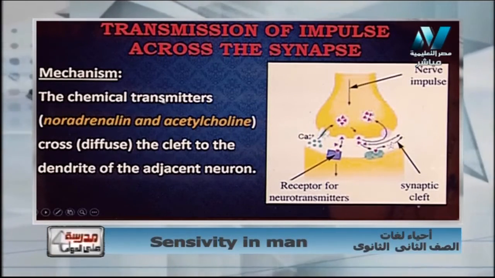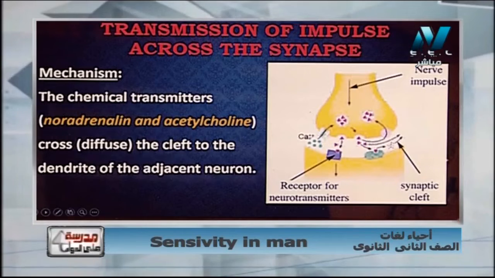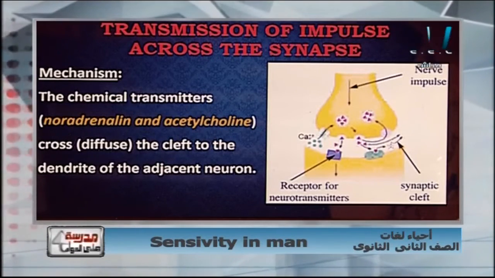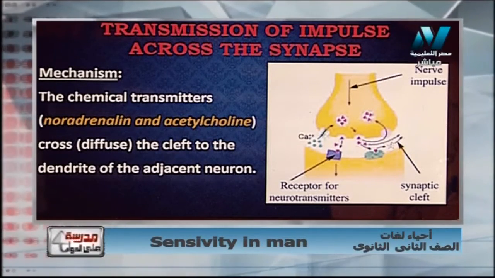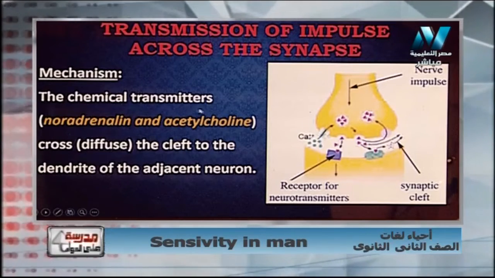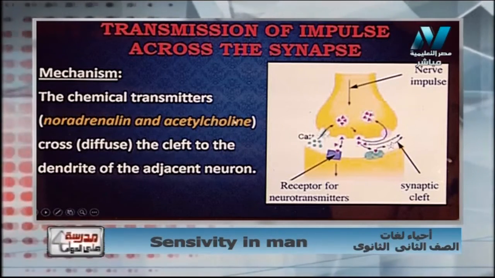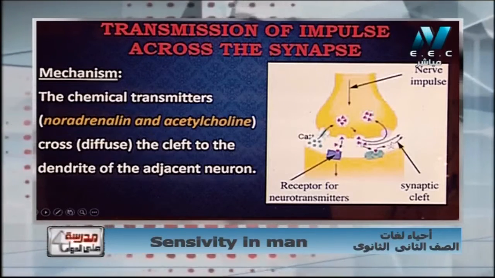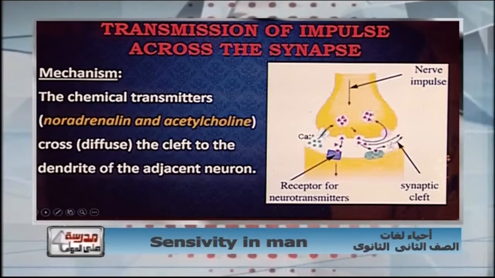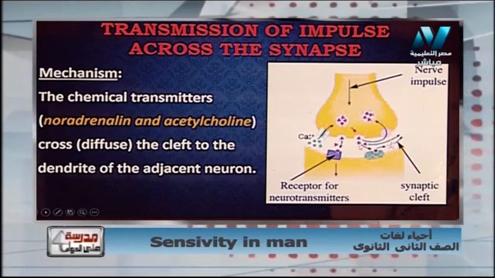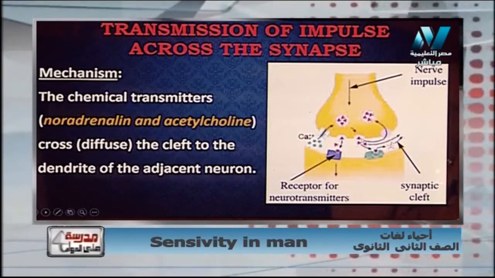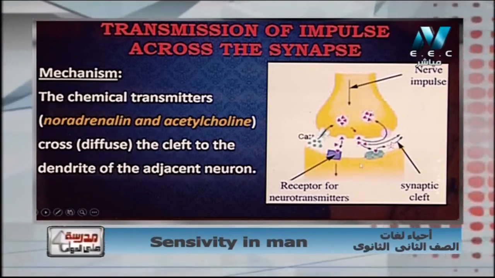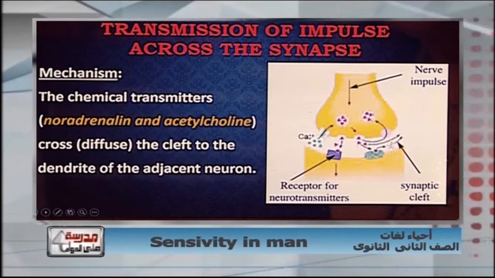Now the chemical transmitters are noradrenaline and acetylcholine. And these chemicals diffuse across the synaptic cleft until they reach the dendrites.